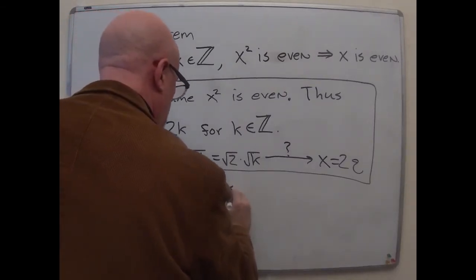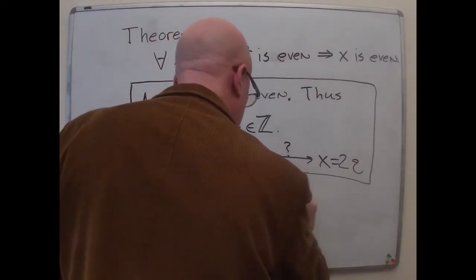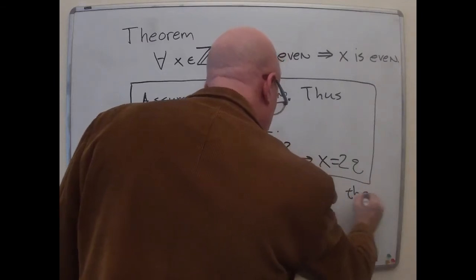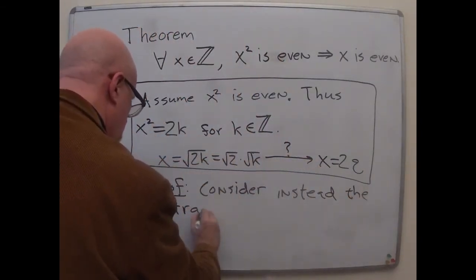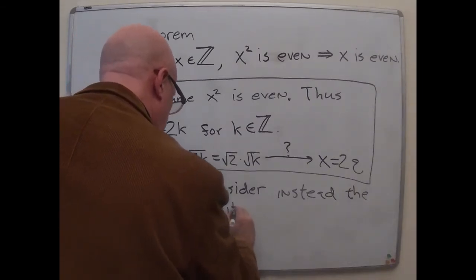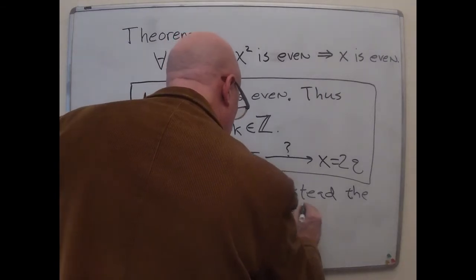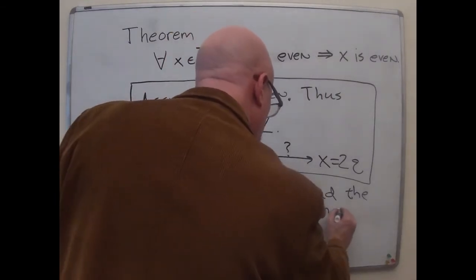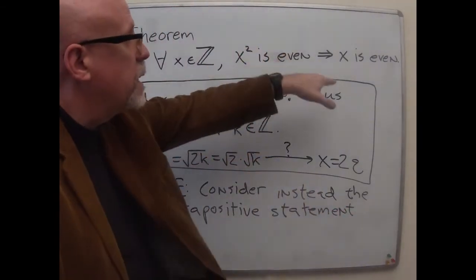Consider instead the contrapositive statement. And what is that going to be in this instance? Well, the original thing was x squared even implies x even.